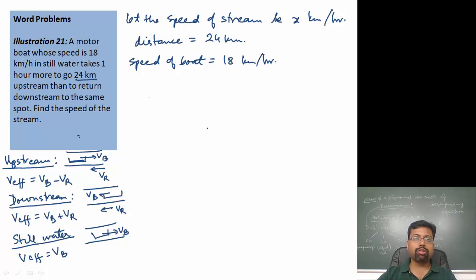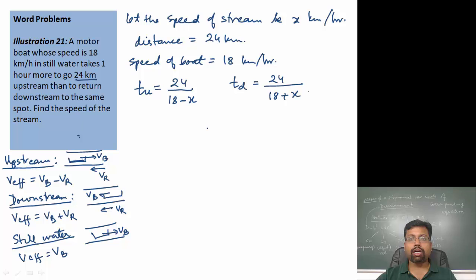Now let's find out the time for upstream travel, TU. It will be distance divided by speed. In case of upstream, the effective speed is going to be Vb minus Vr. Vb is 18 in our case, minus Vr for the river. Similarly, T downstream is going to be distance divided by Vb plus Vr.